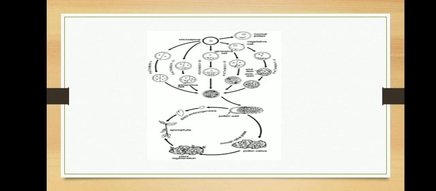In the Datura innoxia plant, androgenesis occurs through pathway 1 and pathway 2. In pathway 2, the microspore divides by an unequal division to form a vegetative cell and a generative cell. Here the haploid plant arises from the vegetative cell only, not from the generative cell.